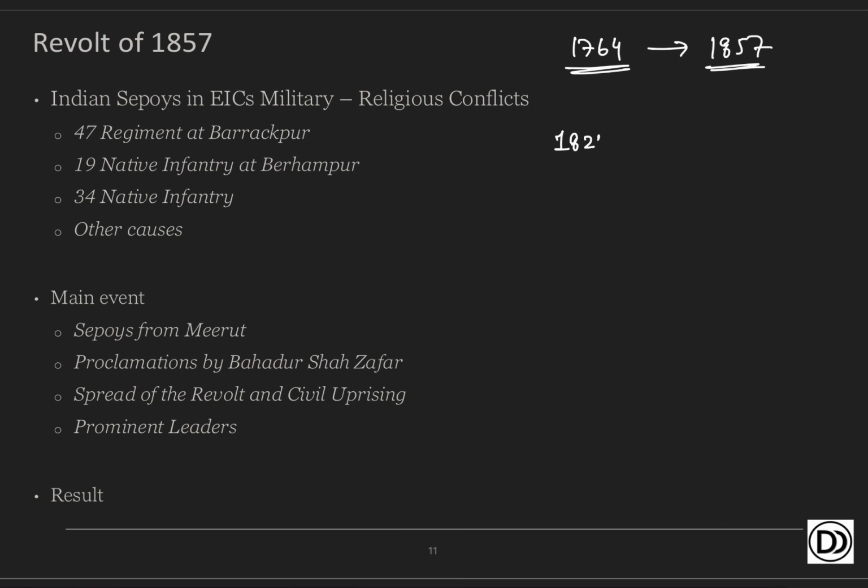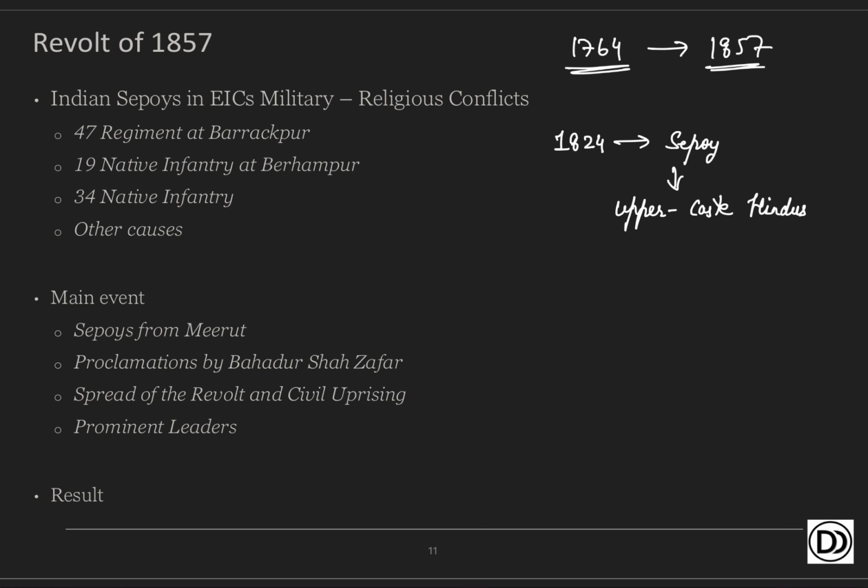Now around 1824, these sepoys or Indian soldiers under East India Company were mostly upper caste Hindus, Brahmins and Kshatriyas, and they belonged to the northwestern province and Awadh mostly.